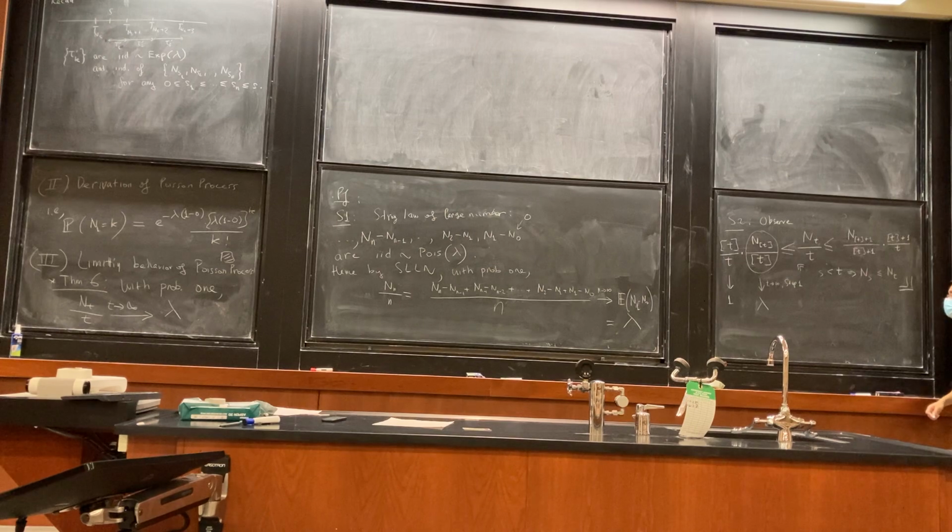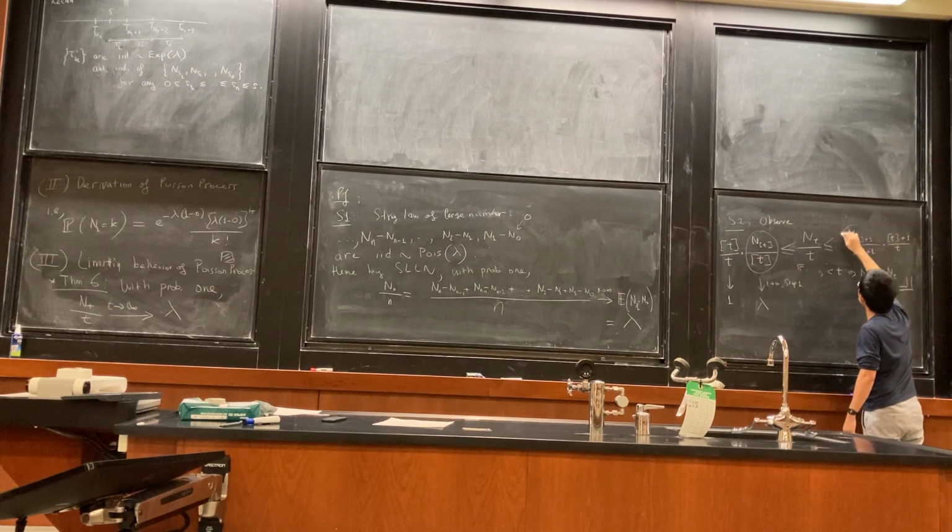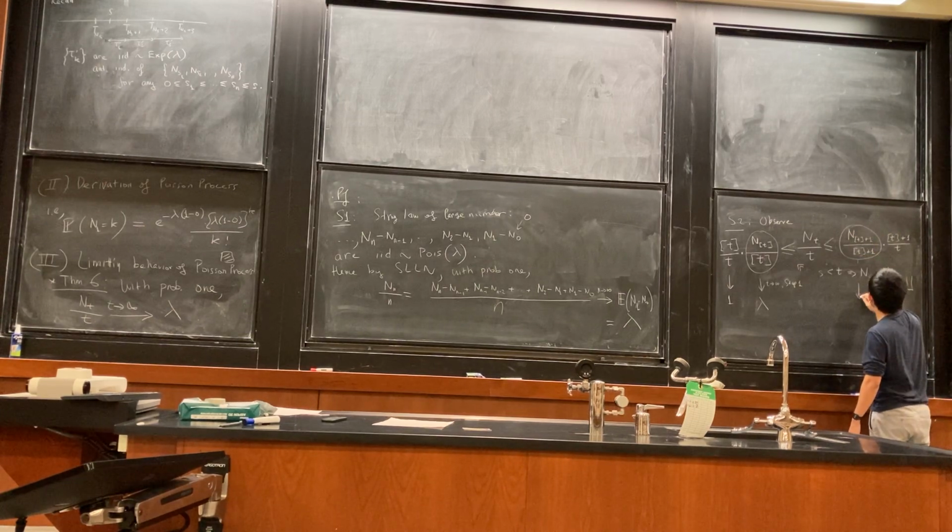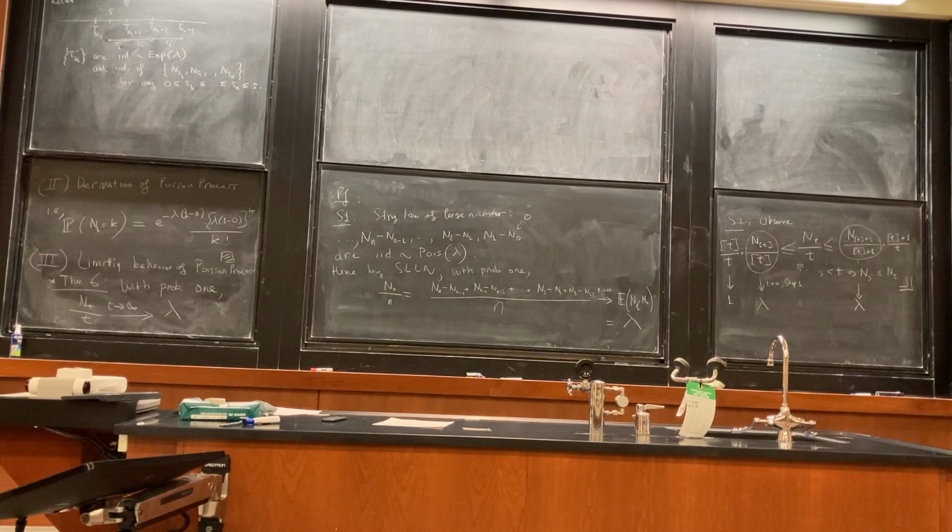Similarly for the other side, this goes to lambda, again by step 1. So I am trapped between two sequences, both converging to lambda, so the conclusion is that N_t over t must go to lambda.